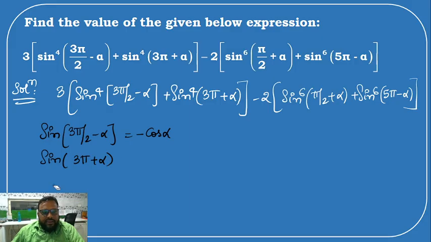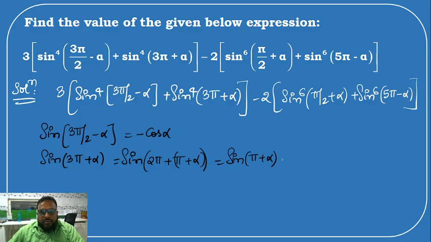When you start finding out this value, 3 pi plus alpha, this I will write as sin of 2 pi plus pi plus alpha. Okay. So again this is nothing but sin of pi plus alpha. So that is minus sin alpha.